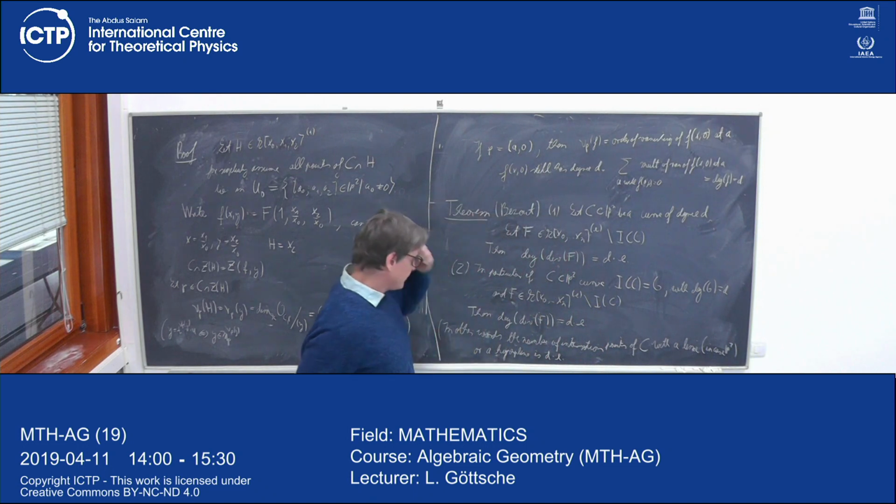So in particular, if we have two curves in P2, which have degrees d and e, then the intersection points counted with multiplicity are d times e of them.